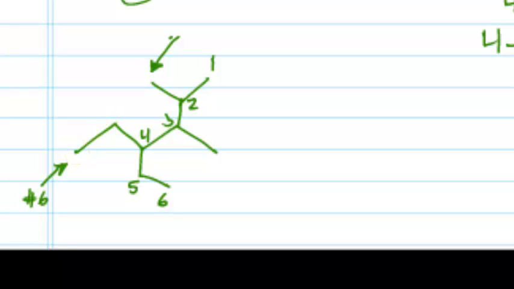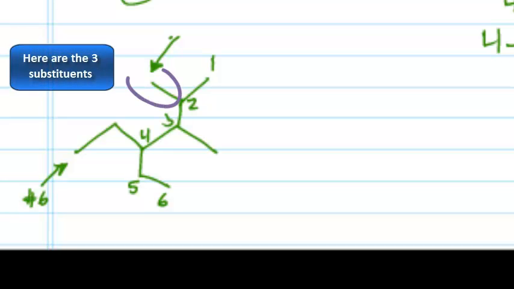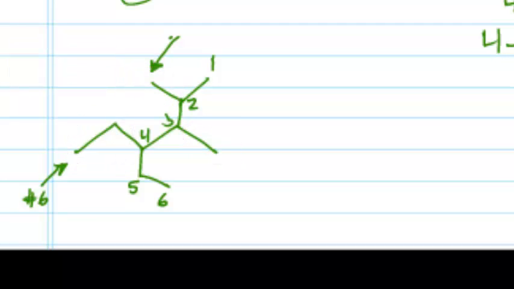It does not matter which way I go, because I end up with the same number of substituents, and that would be 3 of them in both ways of numbering. They're both equal. If I have more than one path that gives the same parent length, I look for the one that has more substituents. Well, since both paths lead to 3 substituents, there's no preference there.